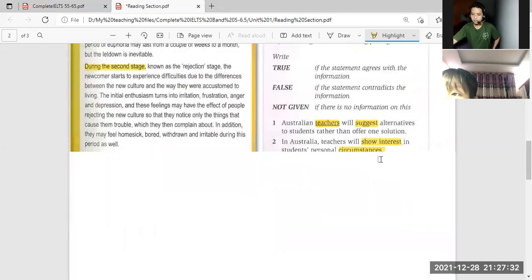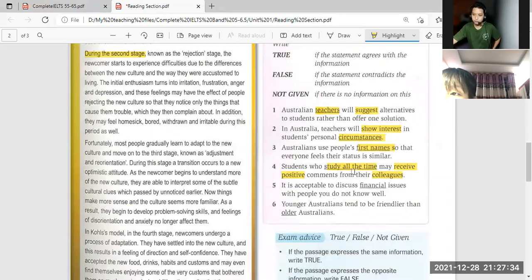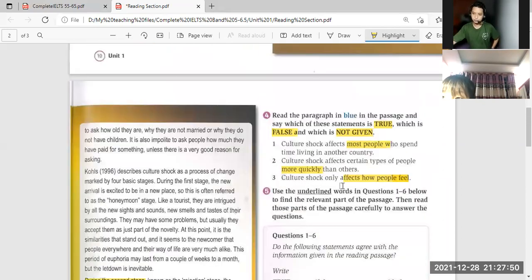So the statement here is students who study all the time receive positive comments from their colleagues. True, false, or not given? It's true. It is true? What do you think is true?